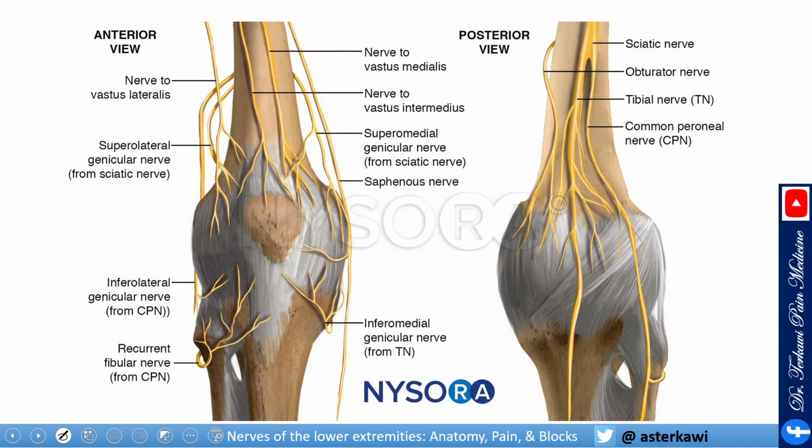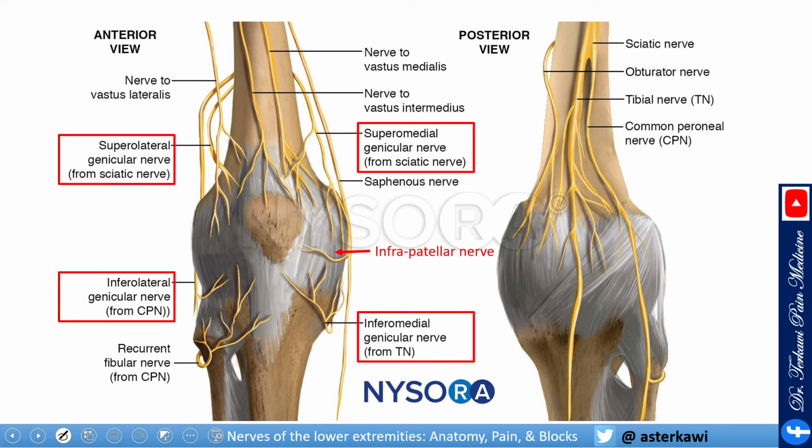Now, here is another picture. I want to show you specifically the infrapatellar nerves. So these are the nerves. In this specific reference, they put them all as branches of the sciatic nerve, right? However, remember the other anatomical studies show this as the femoral, which makes more sense.